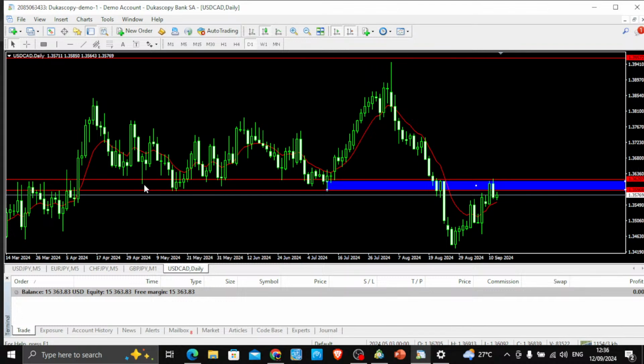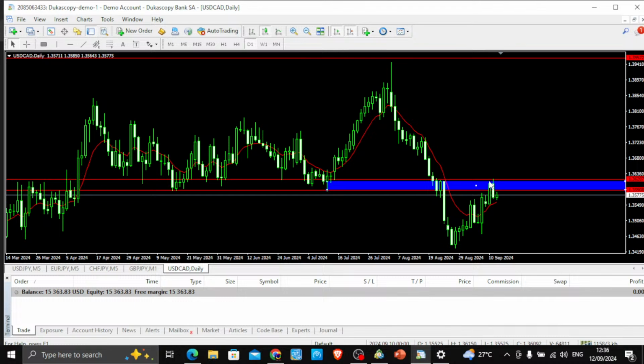Based on the dailies, 1, 2, 3, 4, 5, 6, 7, then the 8th one, it broke. Then when it got there, there was a kind of obstacle, and we have this candle.